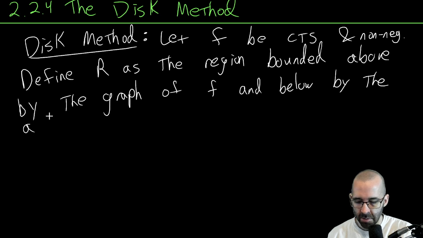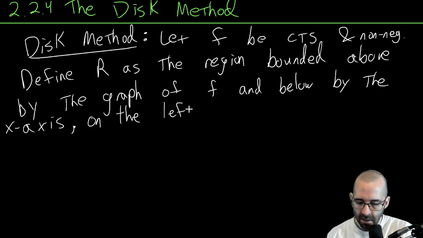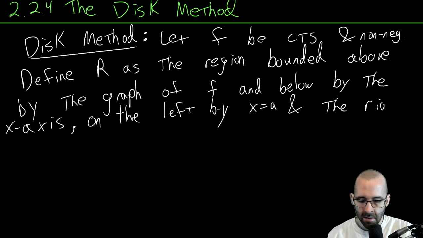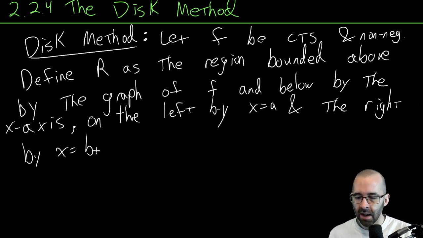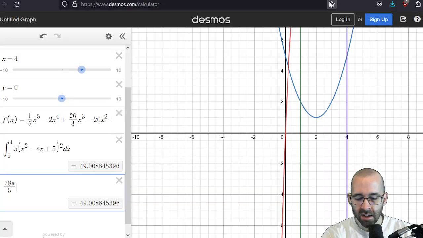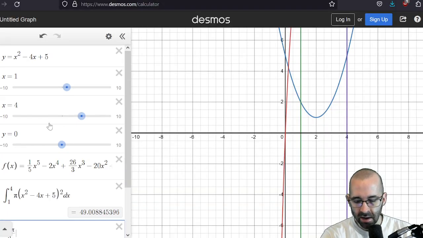This is basically what we've been doing. On the left, by x equals a, and the right, by x equals b. Again, this is exactly what we did in the last problem, right?